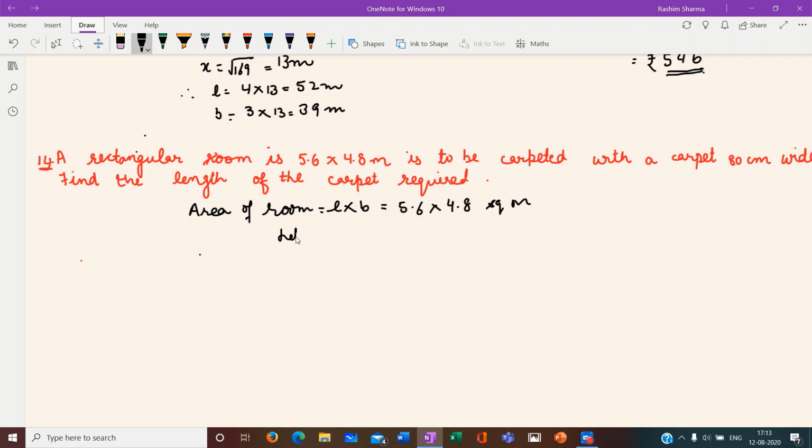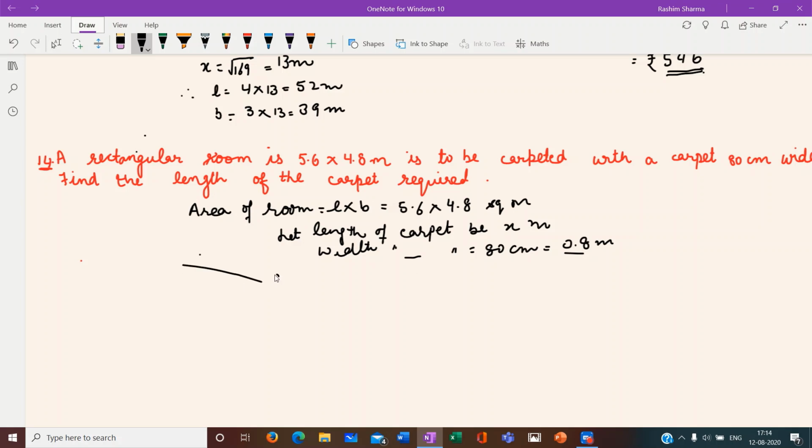So we will take, let the length of the carpet be x meter. Now the breadth of the carpet, or we can say the width of the carpet, is given to us as 80 centimeter. So one thing is, here the length and breadth of the room are in meter, so we are converting it into meter, that is 0.8 meter.